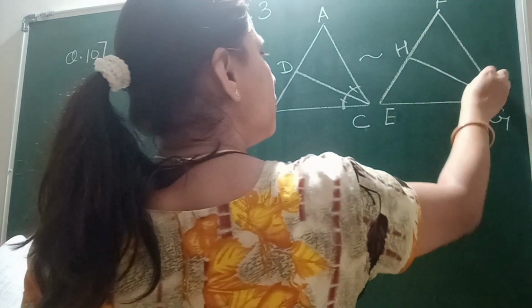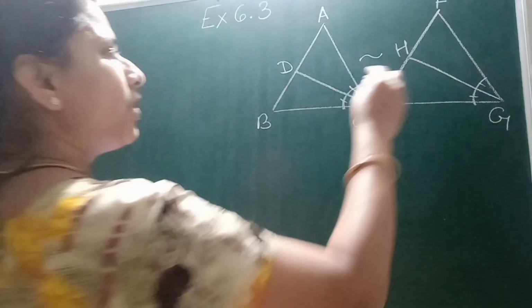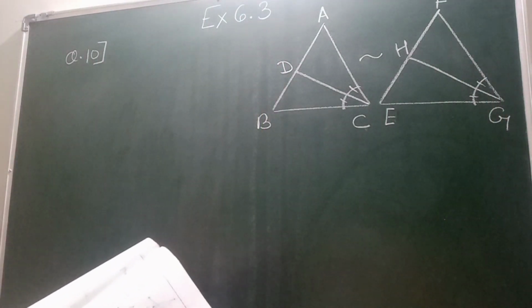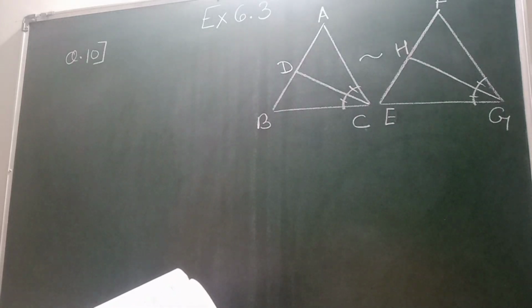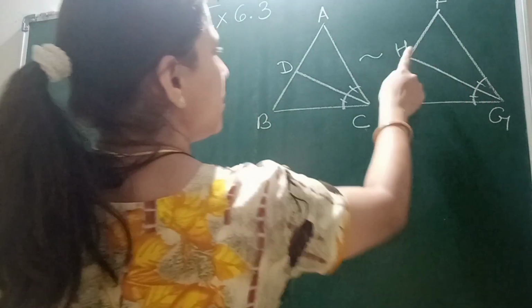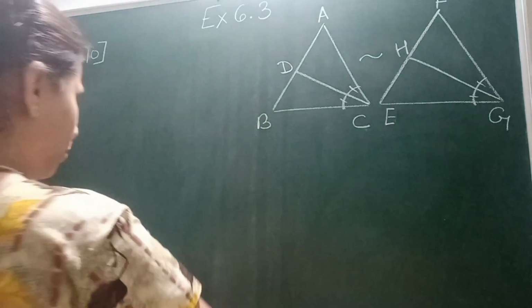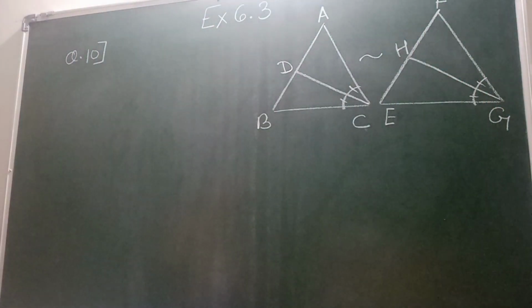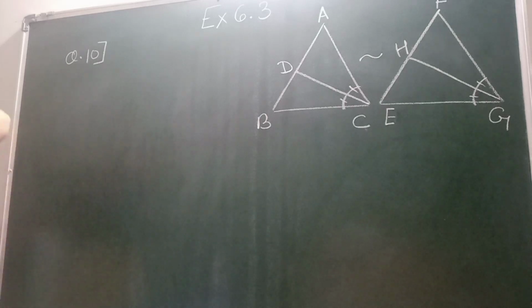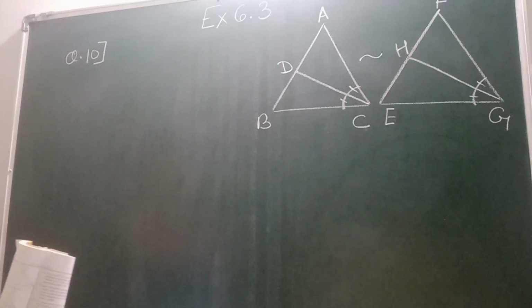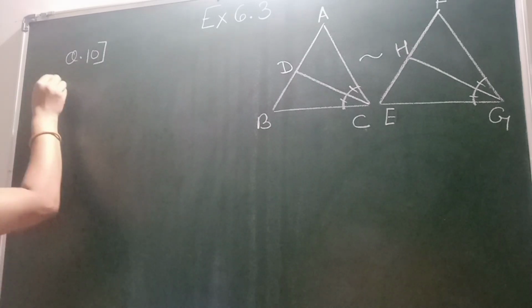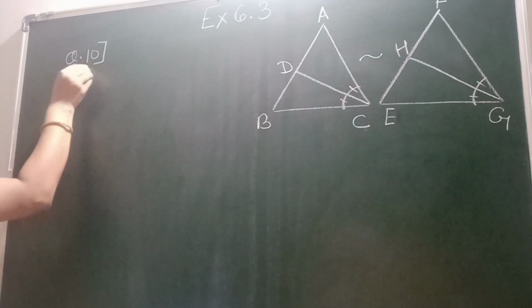GH is the angle bisector of angle G. In the first part we have to prove that CD upon GH equals AC upon FG. So let's start the proof.